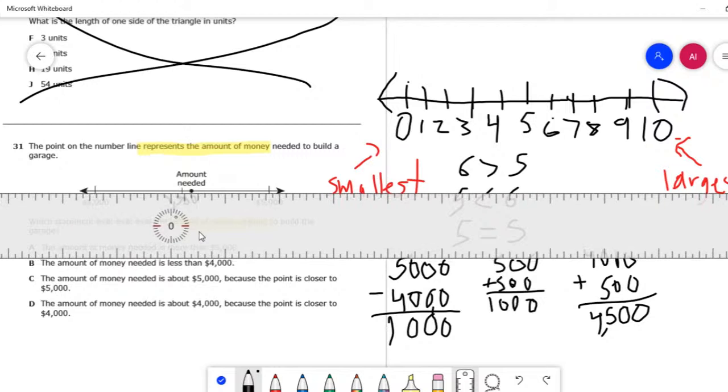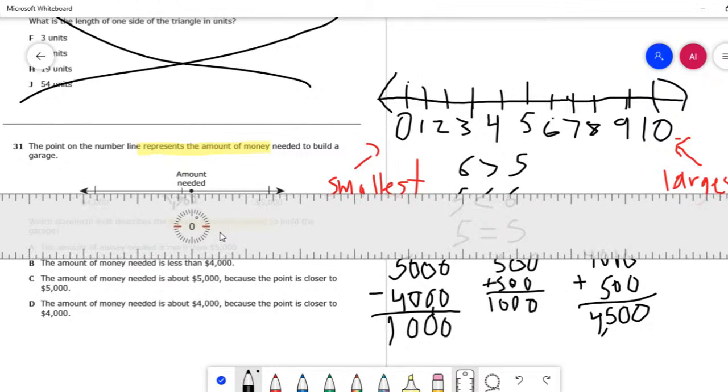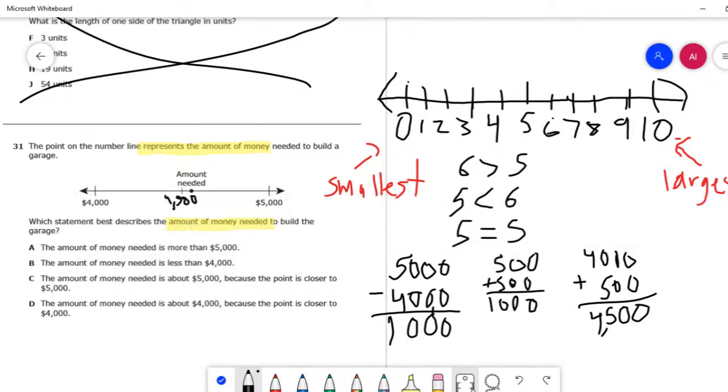Now if we place our ruler back here and measure it to here, we have just 1, 2, 3, 4, 5, 6, 7, 8, 9, 10, 11. We only have about 11 units this time. So that's a quick way to check and see that this amount needed is only 11 units from 5,000, but 14 units from 4,000, meaning it's closer to 5,000.